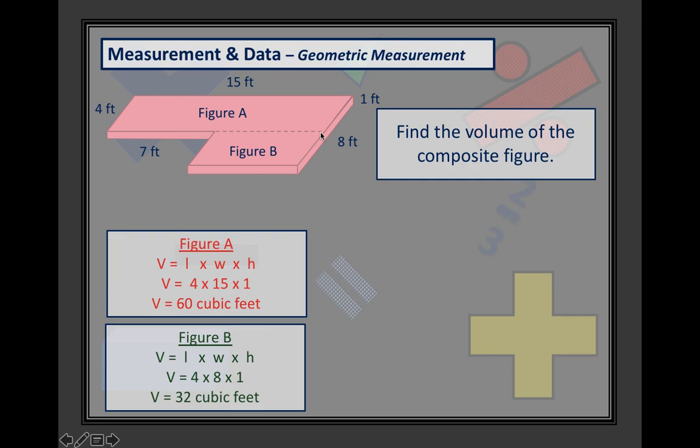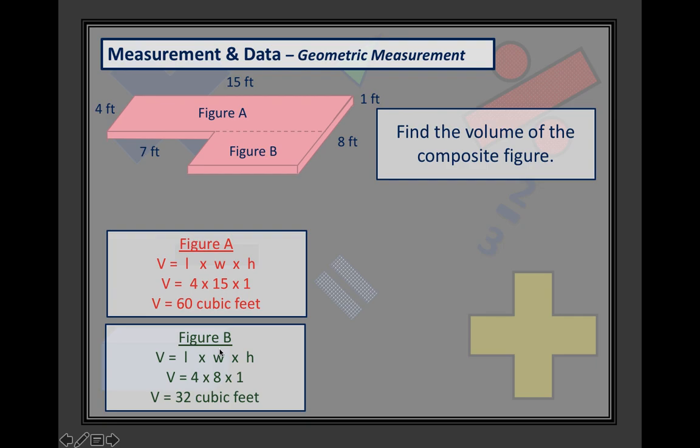So figure B's width is just represented by this dotted line right here or this section right here. So if we know it's 15 all the way across the back and we're just going to subtract out this section, 15 minus 7 gives us 8 feet remaining. So that's where the width of figure B comes from.